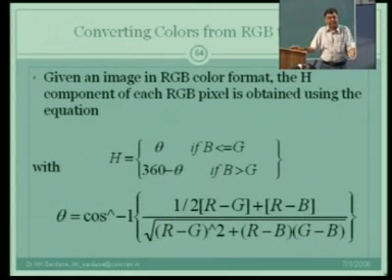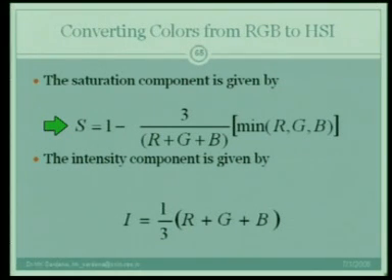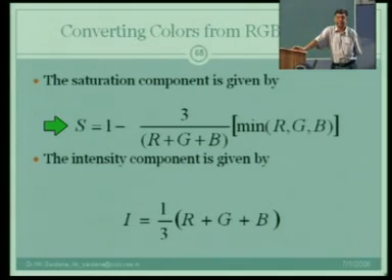This is available as reference, but the idea is that H is an angle, hue is an angle. It just shows that red is there, so a particular angle will be visible, and S is saturation by way of this 1 minus 3 by, this is also on a unity scale.